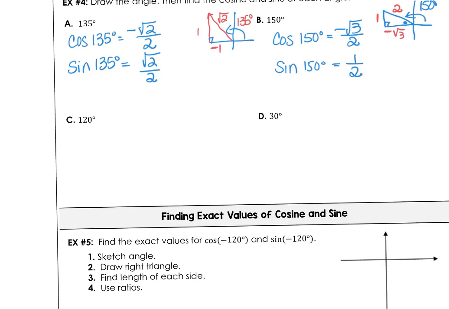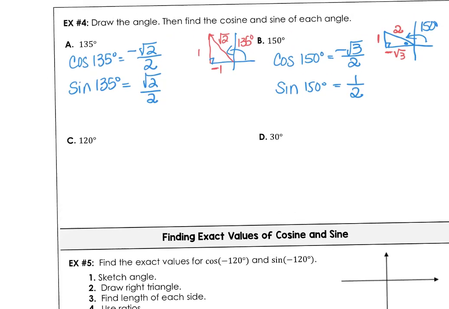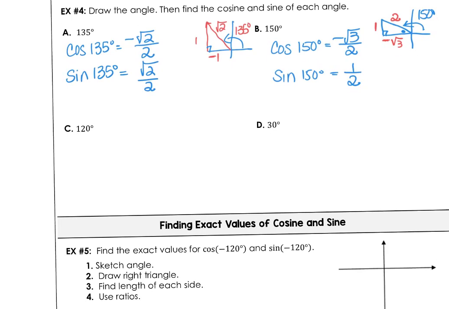120 degrees, still in quadrant 2, would be here where the theta is 60 degrees. So our angle of interest is a 60-degree angle, which puts us square root of 3 on the y-axis and -1 on the x-axis, and just 2 on the hypotenuse, not radical 2.